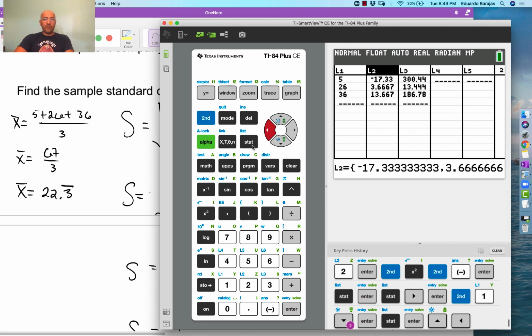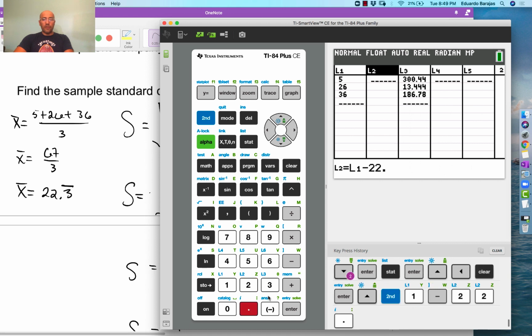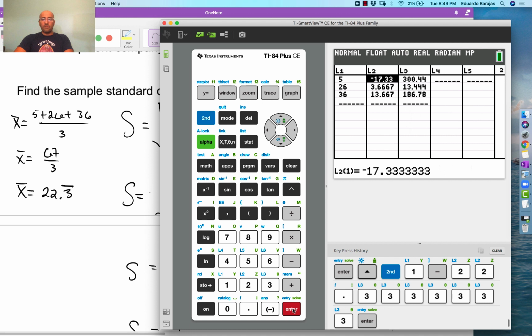So let's repeat the whole thing. Clear, enter. That'll be L1 minus 22 point, bunch of 3's in there. And then we want to take each one of these values and square them.